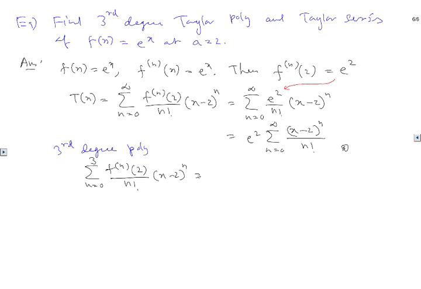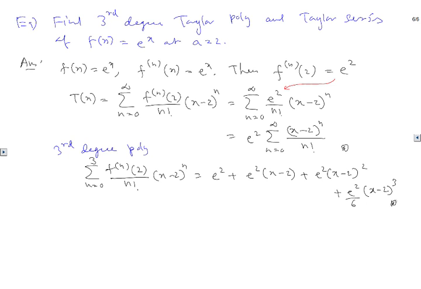We don't want to do everything again, so I'm just writing up to degree 3. The first term, when you plug in 0, is e squared, then e squared times (x minus 2), then e squared times (x minus 2) squared over 2, and the last one is e squared times (x minus 2) cubed over 6. So that's the third degree Taylor polynomial of e to the x at a equals 2.